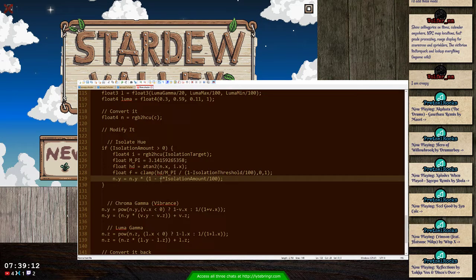If f is 1, we remove the whole isolation amount. And then f itself is linear in how close you are to where you're going. Brilliant. So now, if we increase the amount of the isolation, you can see the colors just going away.